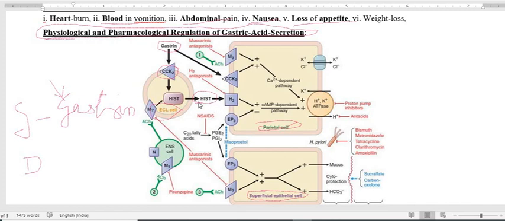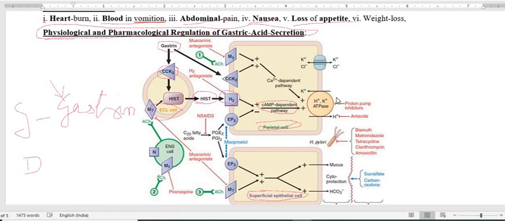Histamine acts on the histamine receptor, which we call the H2 or histamine type 2 receptor, and through the cyclic AMP dependent pathway it further activates the enzyme hydrogen ion, potassium ion ATPase, also called the proton pump.